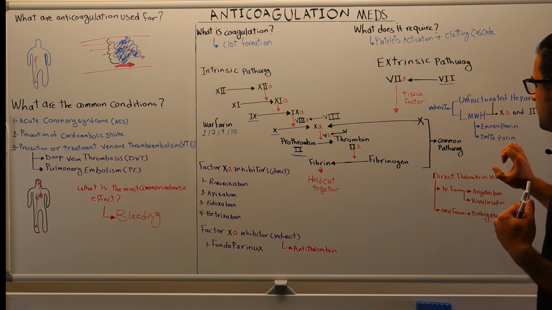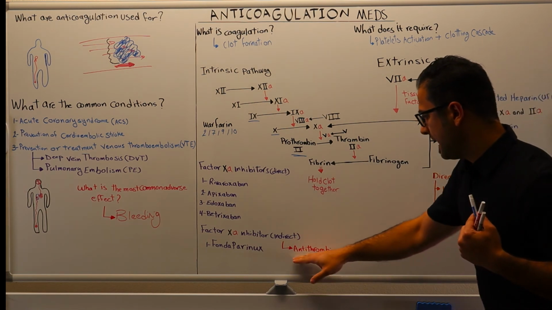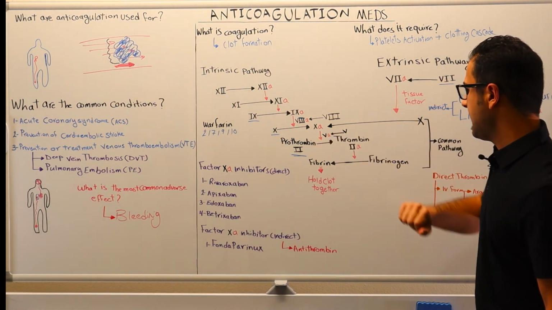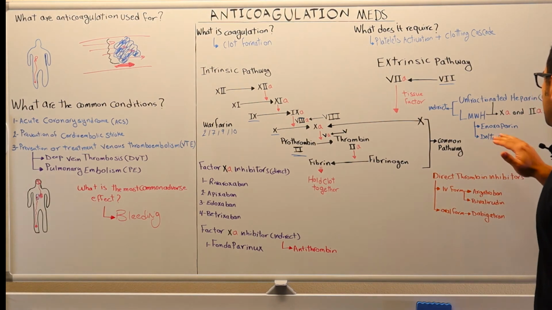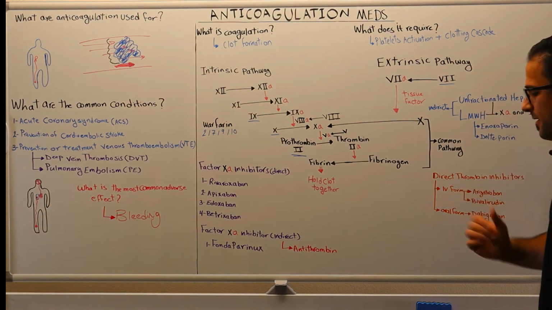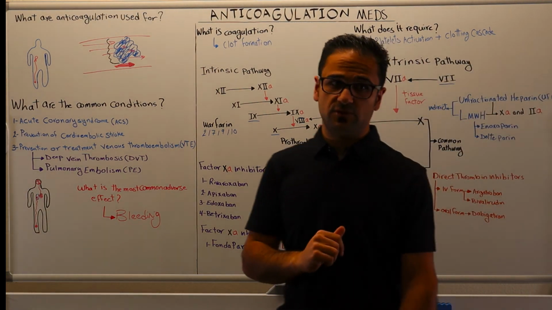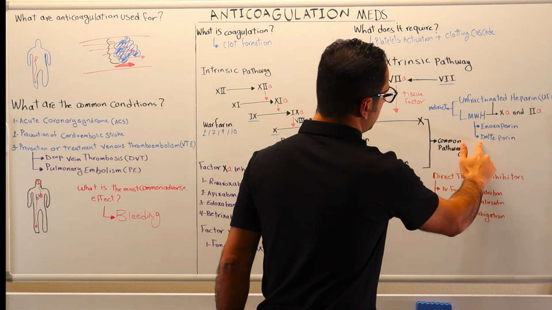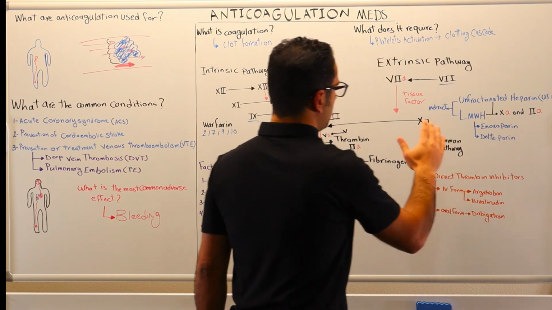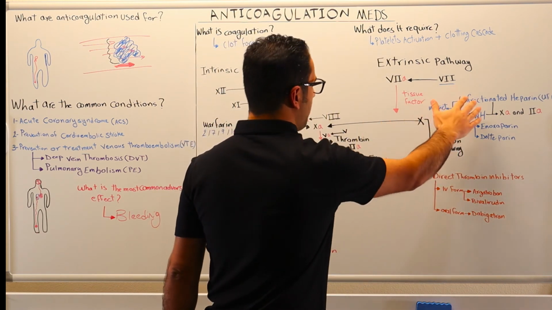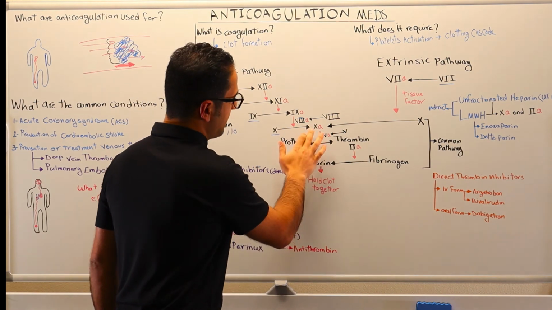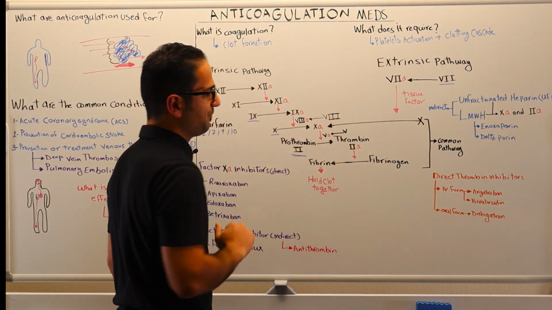They require antithrombin binding in order to inhibit 10A and 2A. For low molecular weight heparin, there are 2 medications under this one. The first is enoxaparin and the second is dalteparin. So again, heparin requires antithrombin in order to inhibit factor 10A and factor 2A.